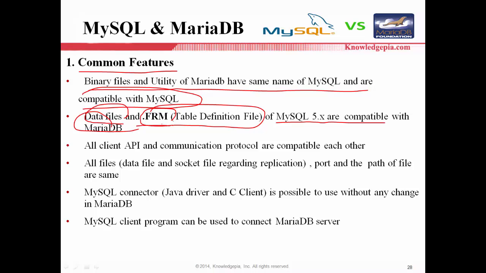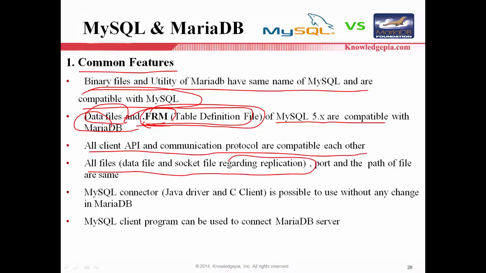So MariaDB and MySQL now use the same file extensions. All client APIs and communication protocols are compatible with each other. All files, data files, socket files regarding replication, and port paths of files are also the same.